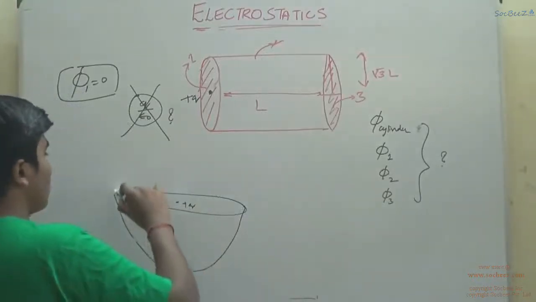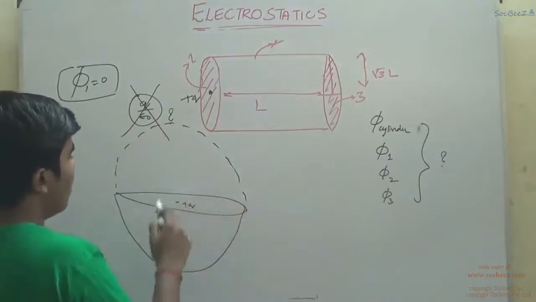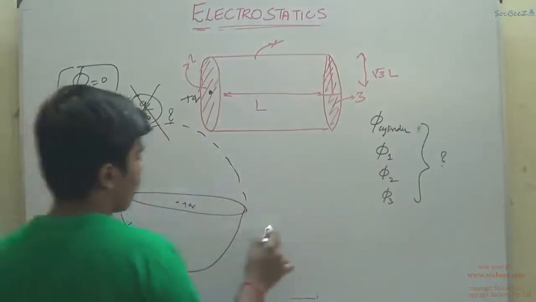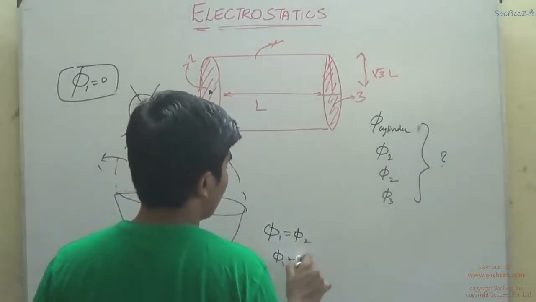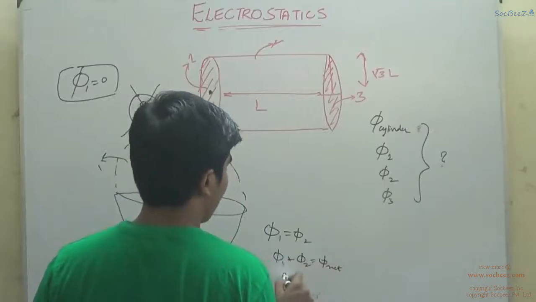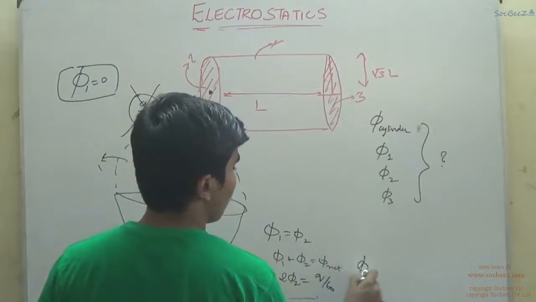So what we do is we superimpose a similar hemisphere over it, and let this be 1, let this be 2. We know that phi 1 is equal to phi 2, and phi 1 plus phi 2 is equal to phi net. So 2 times phi 2 is equal to phi net, which is equal to q by epsilon naught, because now the charge is completely enclosed. So we find phi 2 is equal to q by 2 epsilon naught.